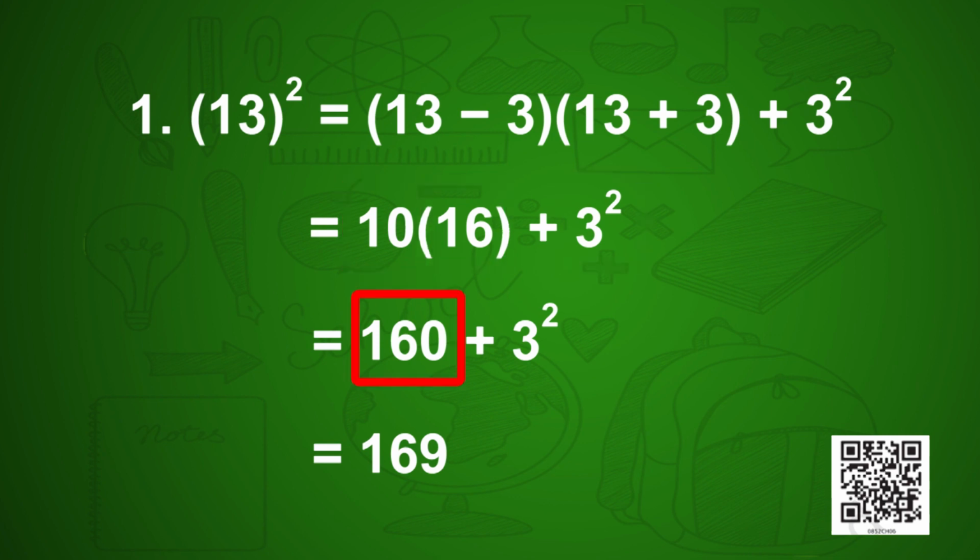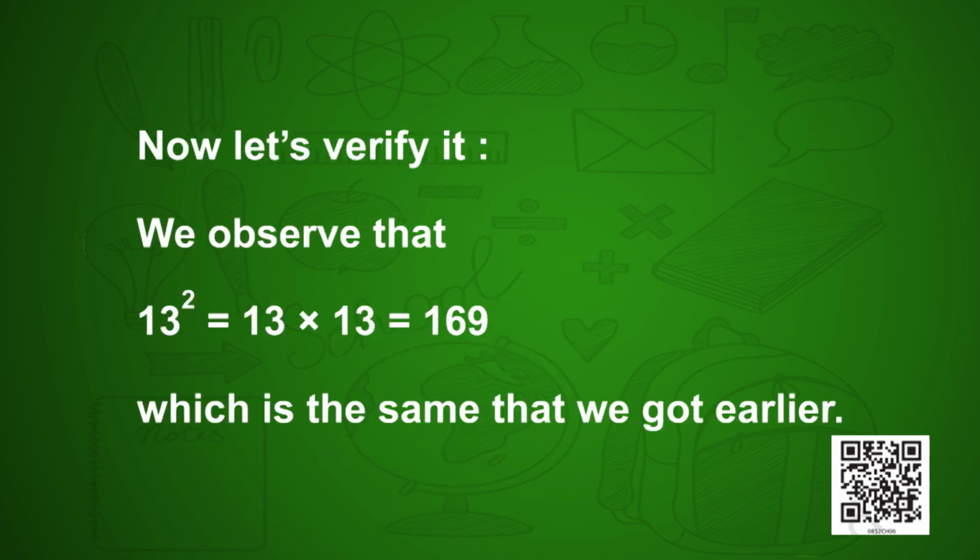We get 160 plus 3 square, which is 169. Now let's verify it. We observe that 13 square is equal to 13 times 13, which is 169, the same as we got earlier.